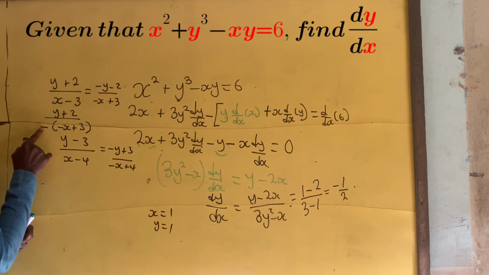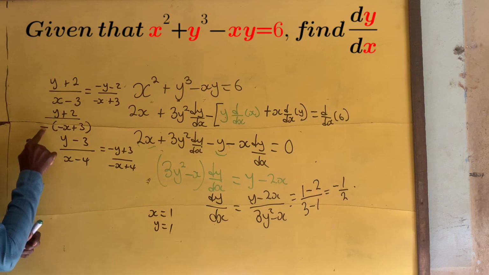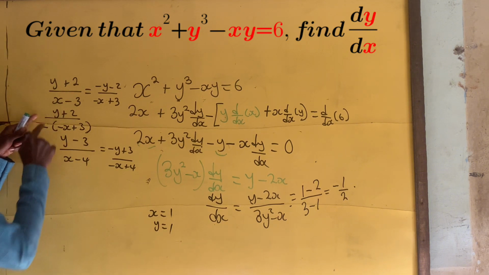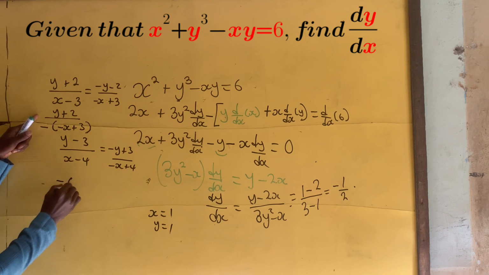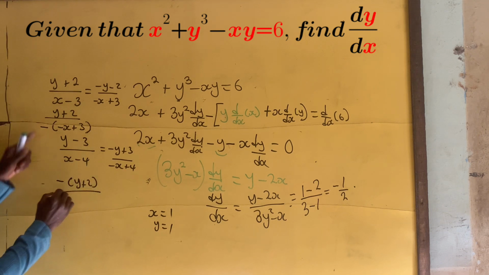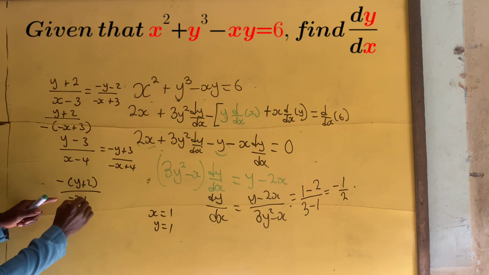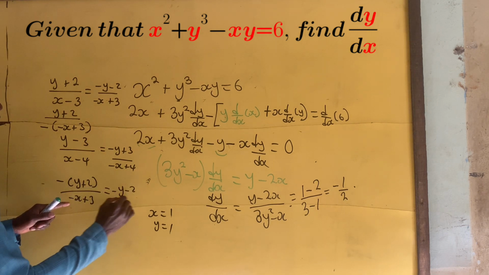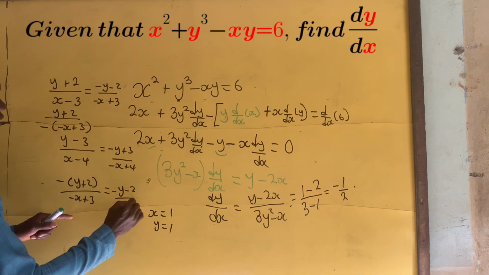You see that negative times negative, positive, negative times positive, negative. So this negative will come here to become negative into y plus 2 divided by minus x plus 3. And if you multiply 2 by the negative, you have minus y minus 2 divided by minus x plus 3.